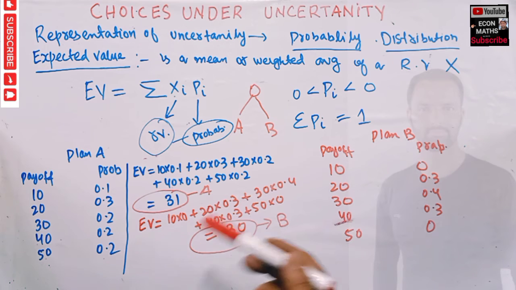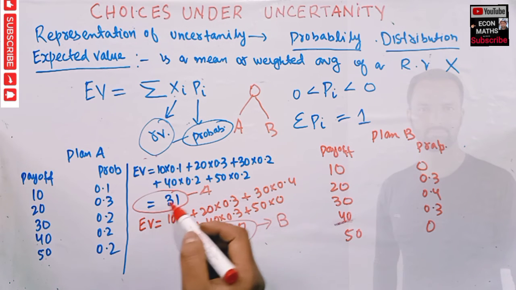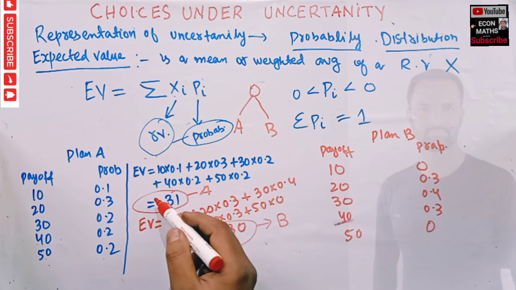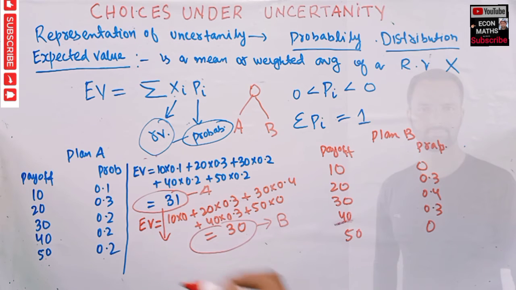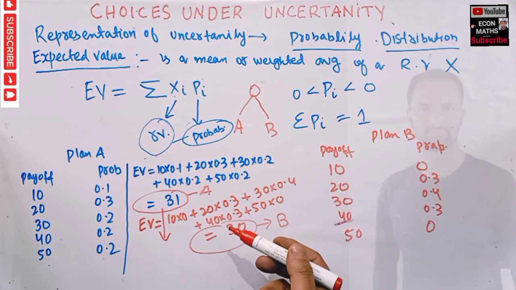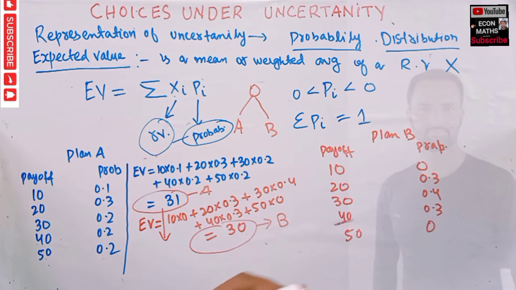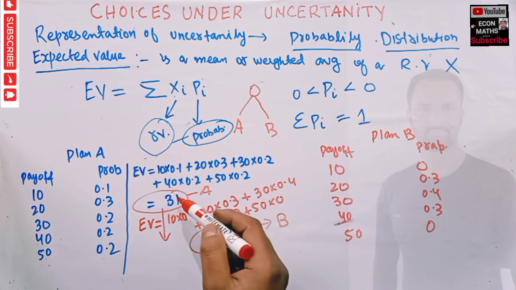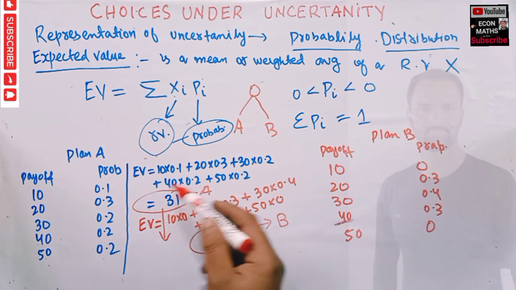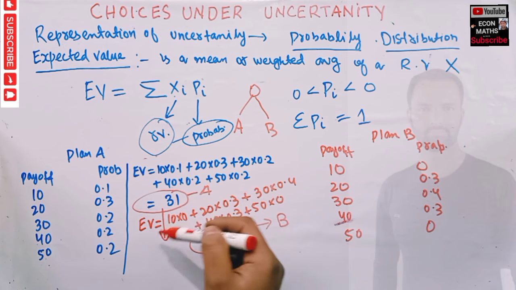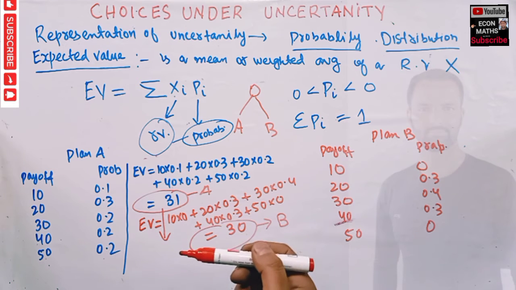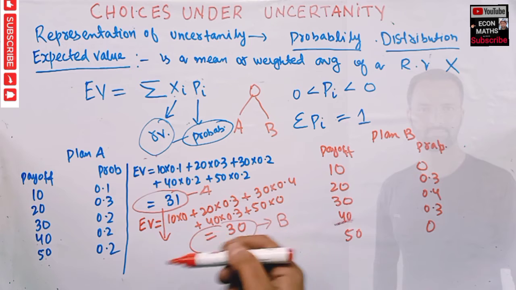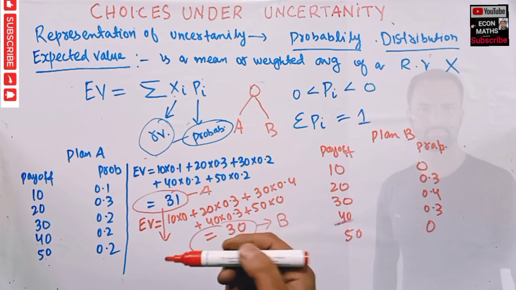So if we say that the expected monetary benefit is 31 and it also maximizes the expected utility, is this always the case? Whenever we get the maximum expected value, does this give us the maximum utility? Unfortunately this is not the case.